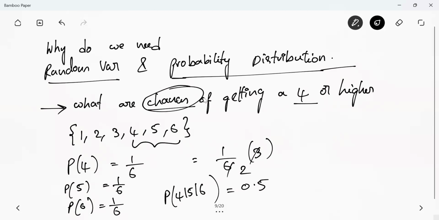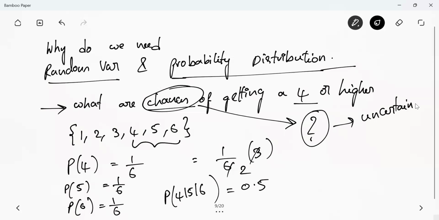If I say what are the chances, it is asking how confident you are that you will get 4 or a higher number. This particular unknown thing is nothing but an uncertainty. So probability is mainly used to answer uncertainty. Specifically, random variables and probability distributions are very useful in measuring this uncertainty.